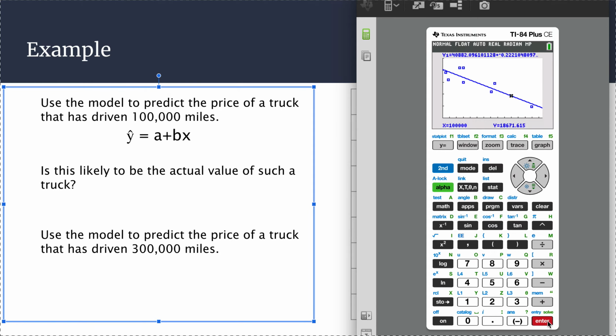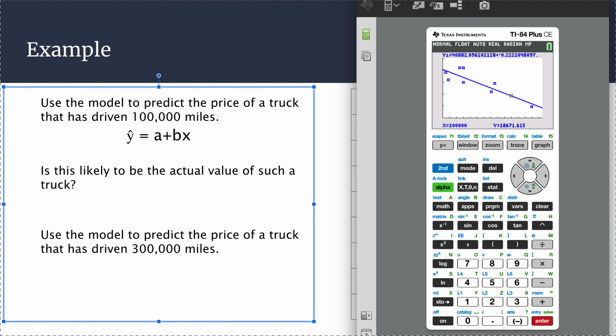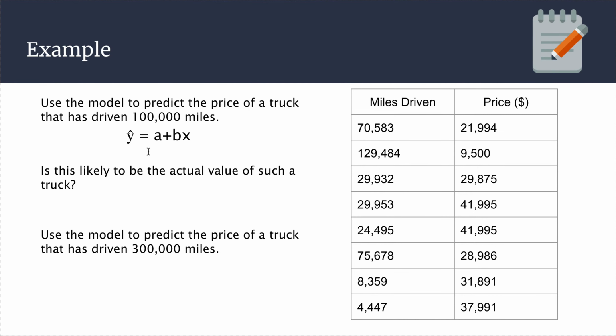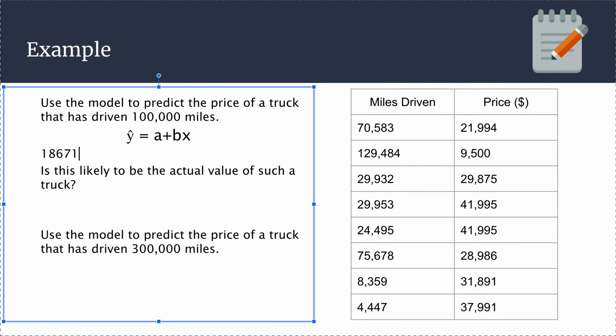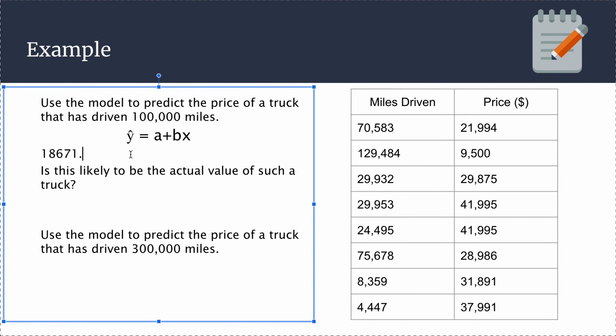So I'm going to hit enter, and it'll tell us the predicted value here is 18671.62. We'll round to 62 cents since we're dealing with dollars here. That would be the predicted price of one of these trucks.